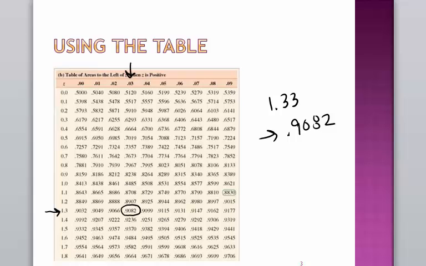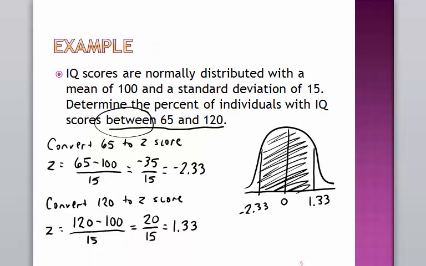And so now let's return to our problem. So for negative 2.33, we had an area of 0.0099. So remember again that anything we look up in the table is going to give us the area from that number back to the left.